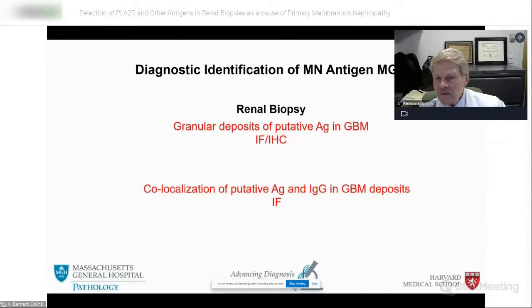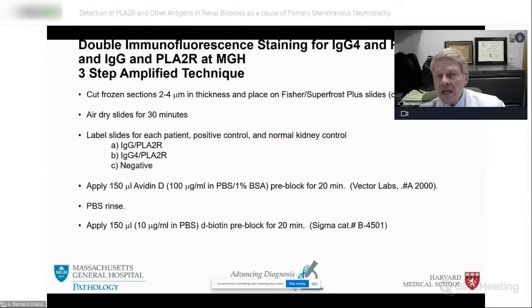So we pursued in the last few months working on trying to identify some of the new antigens in membranous in tissue. We used renal biopsy frozen material, and our preference is to use immunofluorescence on frozen tissue. We also use colocalization of the antigen with the IgG subclass in the deposits.